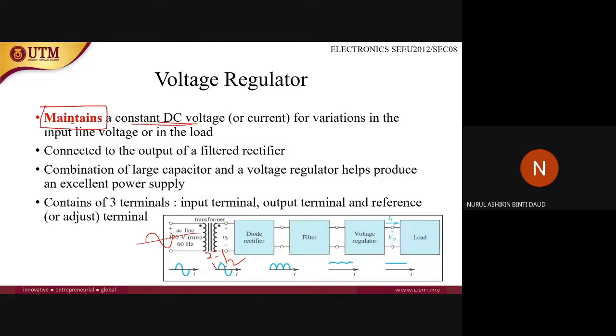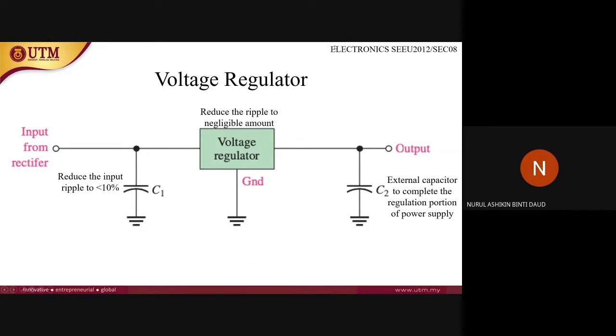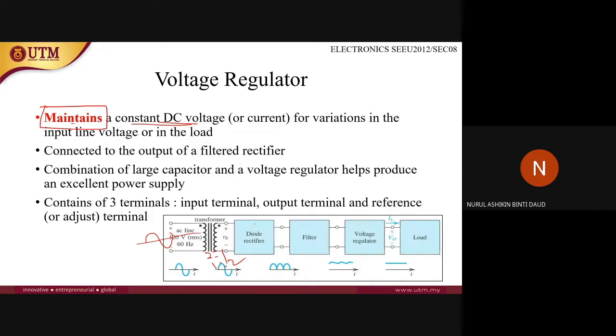Then the diode rectifier will rectify the voltage, allowing half wave or full wave, turning the AC voltage into DC, only in one direction. And then the filter will filter the noise, the ripple that we have learned before.